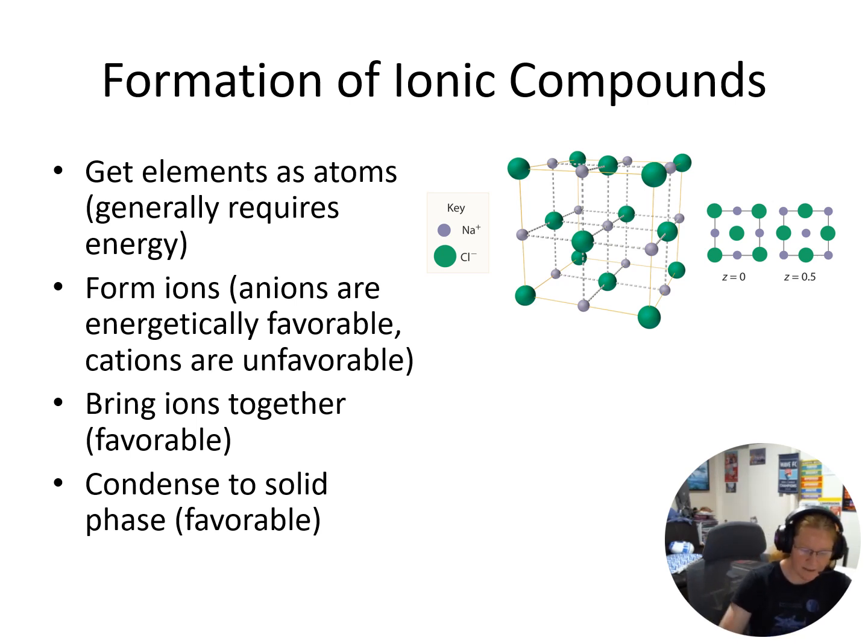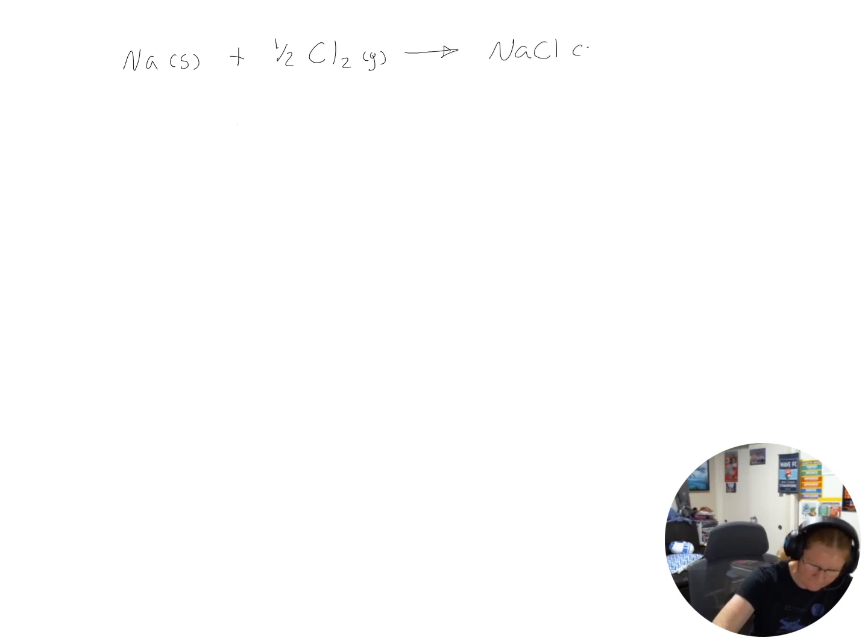Let's say I want to look at sodium chloride. We're going to balance to 1 mole of sodium chloride, so we're going to use that weird 1/2 stuff that we did when we were looking at thermo. I have some sodium, I need 1/2 of a chlorine, and I'm going to form sodium chloride.